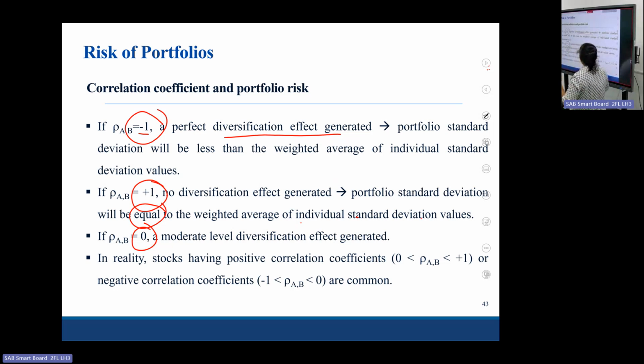In reality, you will get a correlation coefficient within this range, so you will get a certain level of diversification benefit. As long as the correlation coefficient is not perfectly positive, you will have a diversification effect. That is the conclusion.